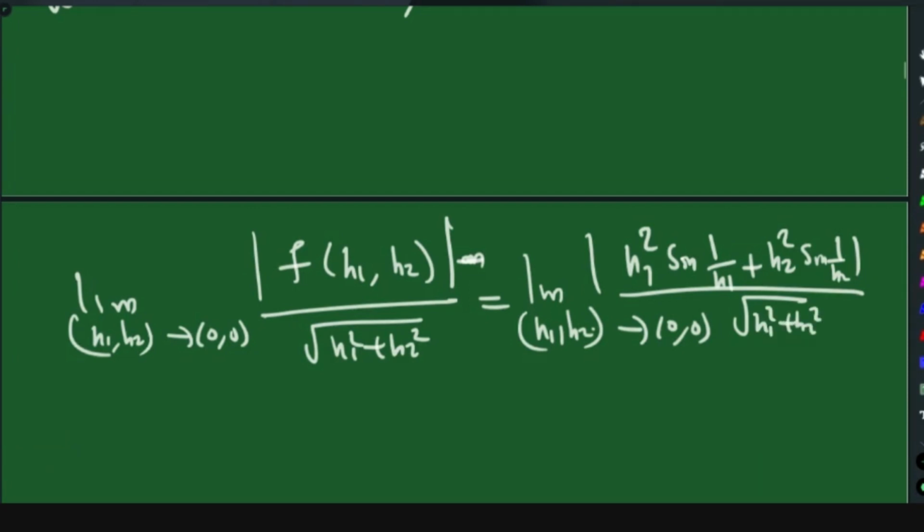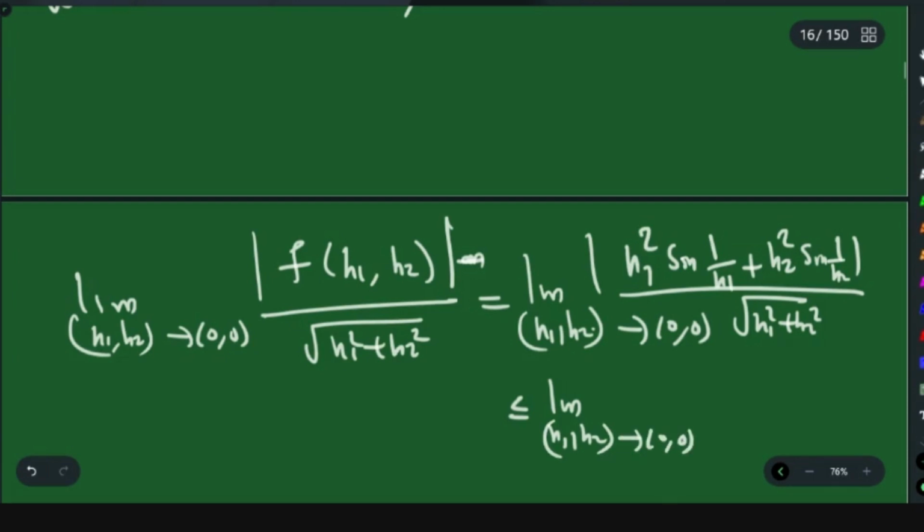So this is less than or equal to, I just use the triangle inequality of modulus, and sine is bounded by 1. So this will be the limit h1, h2 tends to 0, 0 of h1 square plus h2 square divided by root h1 square plus h2 square. So this quantity goes to 0, right?